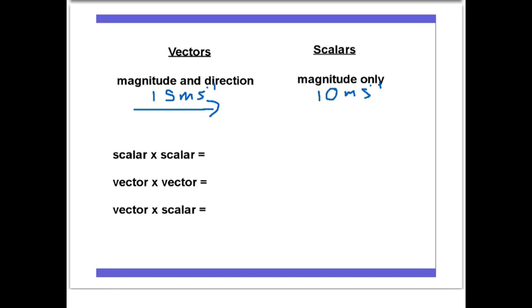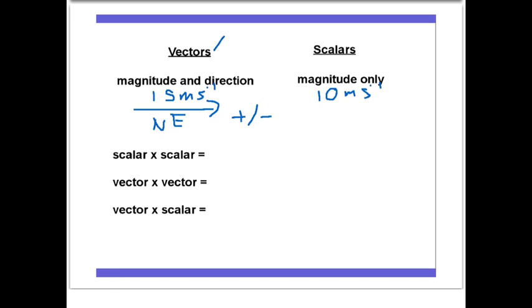So it's important that when you're giving an answer as a vector, you give both magnitude and direction, whether that's as an arrow, whether that's as a compass bearing, or even if it's a one-dimensional question, from motion back and forwards along a straight line, it can just be a positive and negative, depending on the context of the question. But important that vectors are always in terms of a magnitude and a direction.